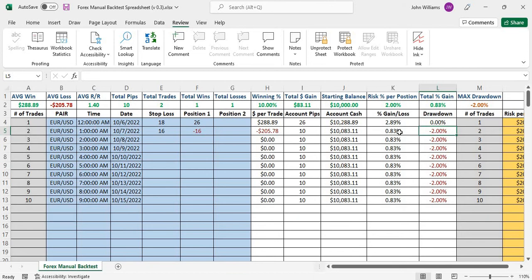My current percentage gain loss is 0.83%, which is also reflected as the total percentage gain, and my max drawdown is our current drawdown here of negative 2%.